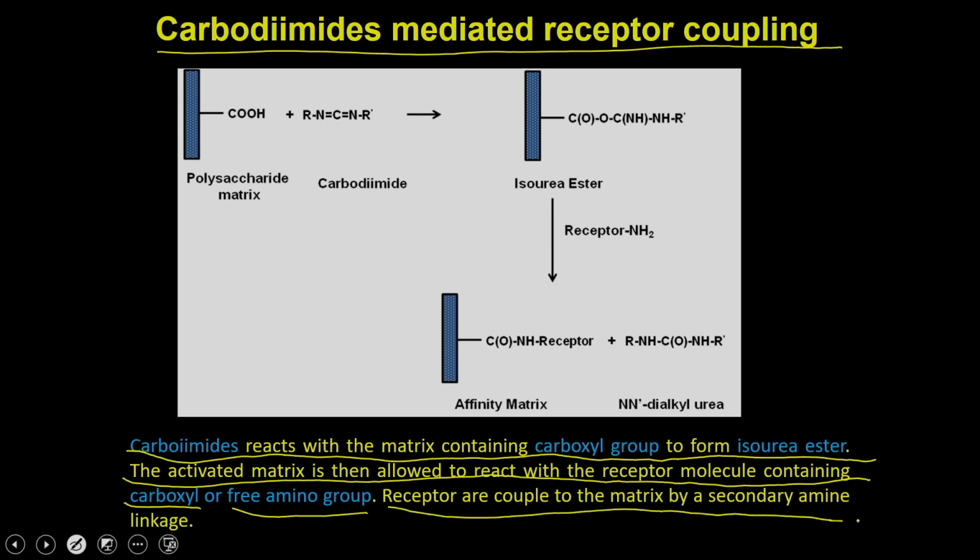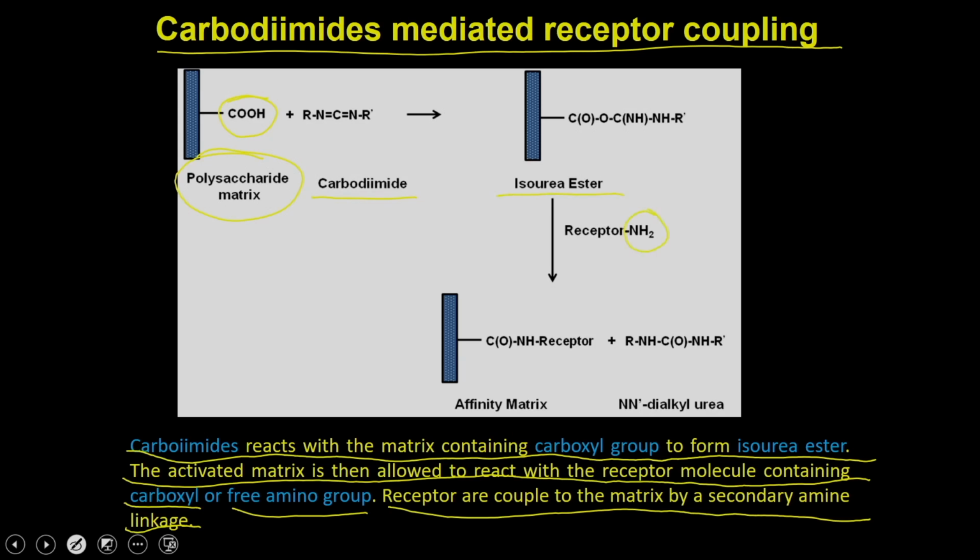Receptors are coupled to the matrix by the secondary amine linkage, which means you take the polysaccharide matrix, such as dextran, which contains the carboxyl group, and then you add the carbodiimide. The carbodiimide is going to activate and generate the isourea esters.